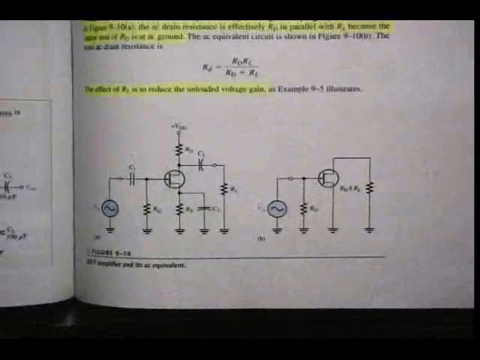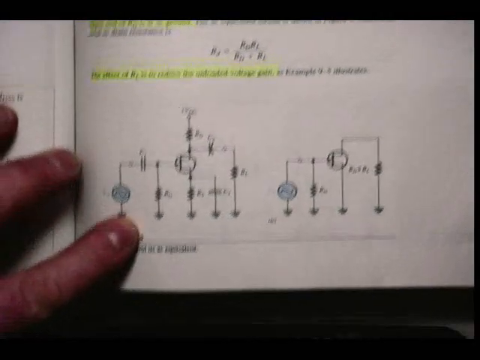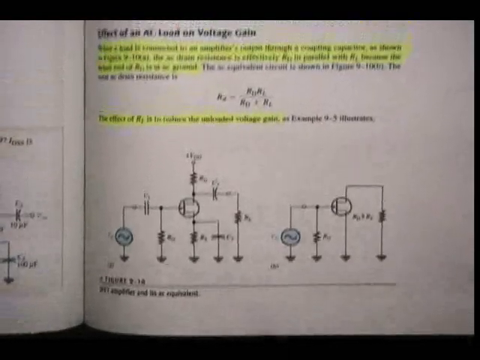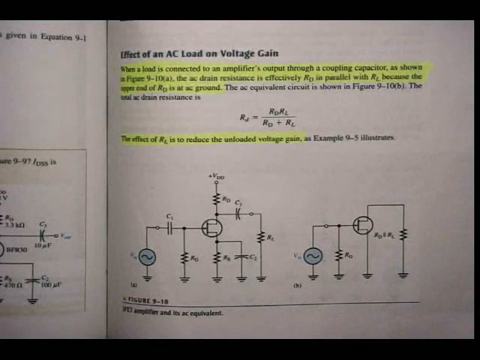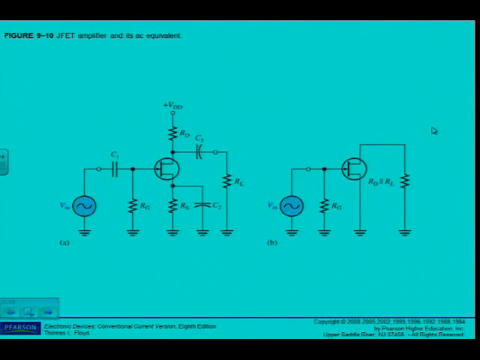Alright, then the effect of the AC load on the voltage gain. Remember, we did the same approach for the BJT. We had a look at what was the effect of changes in the circuit. When a load is connected to an amplifier's output through a coupling capacitor, as shown in figure 9.10a, I can see how the circuit now changed.